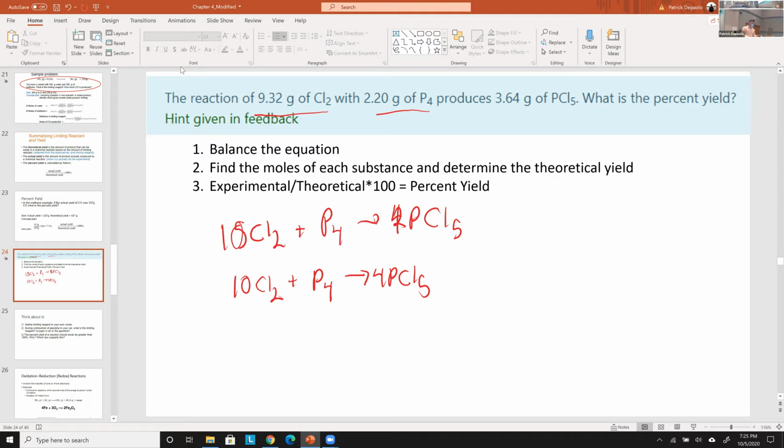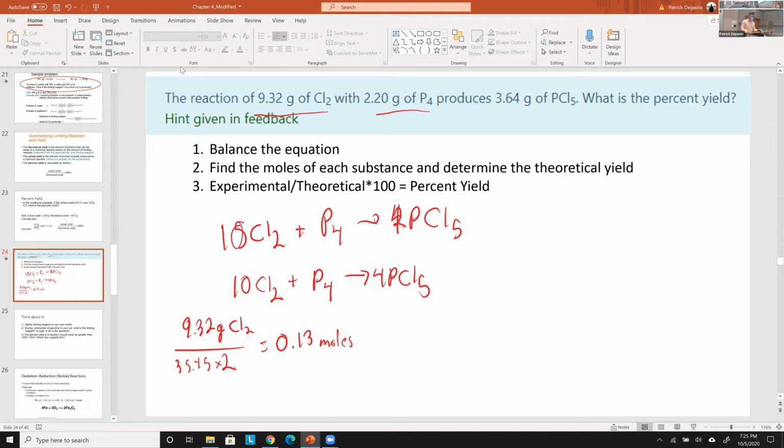So we'll do 9.32 grams of Cl2 divided by 35.45 times 2. 35.45 is the mass of chlorine. 35.45 times 2. That gives us 0.13 moles.